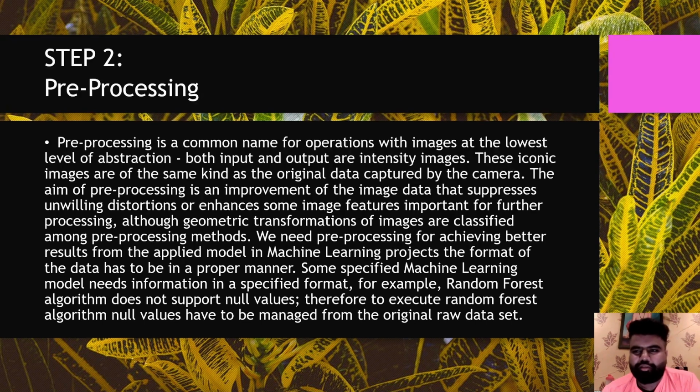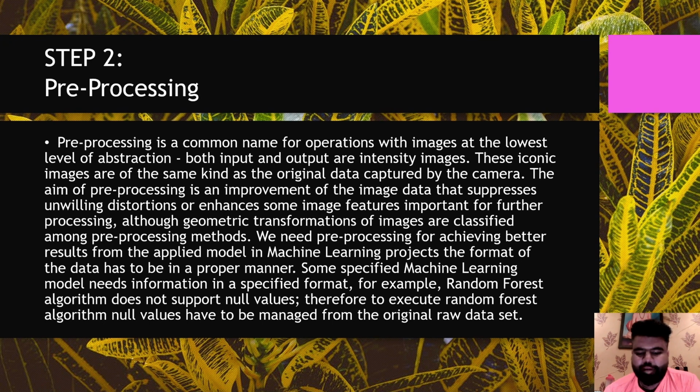So it removes noise, meaning if suppose we click a blur image, that blur image is converted into a clear one, or it tries to increase its pixels so that the image is not seen as blur. Some common pre-processing techniques include image enhancing, noise reduction, and image restoration.